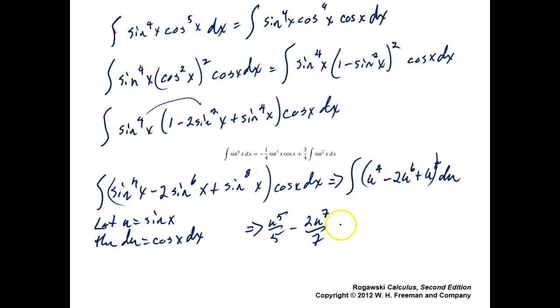Got it. Plus C. Good. We need that plus C. And now what do we do? Plug it back into what we had before, and this will produce u is sine x, so that'll be 1/5 sine 5th x minus 2/7 sine 7th x.